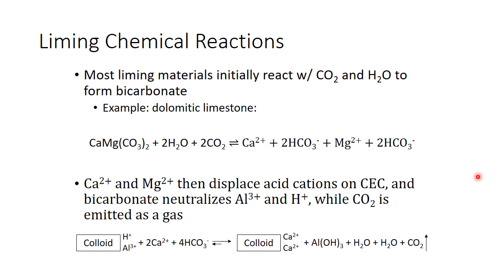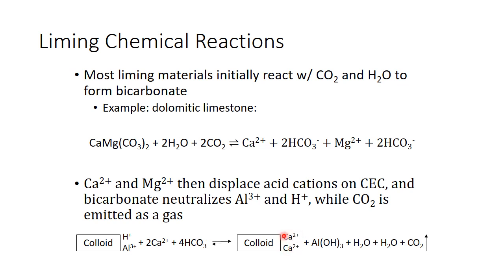To illustrate this further, initially we have a colloid, a stack of clays, and on the exchange sites we have, in this case, hydrogen and aluminum. If we're adding 2 moles of calcium and some bicarbonate, then those calciums are going to exchange with the hydrogen and aluminum.